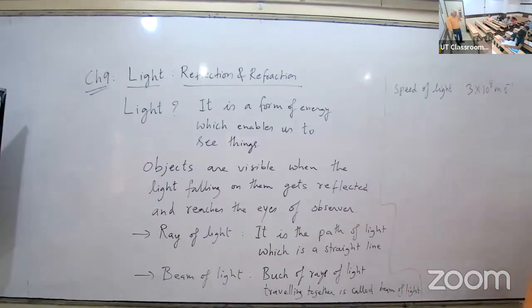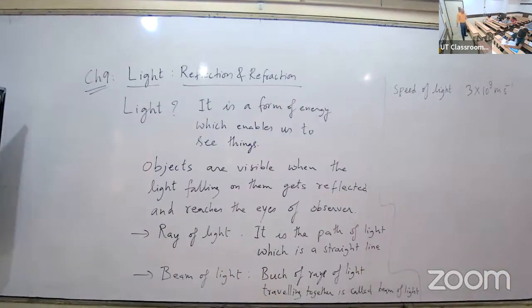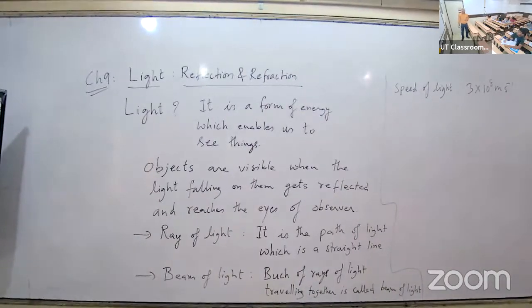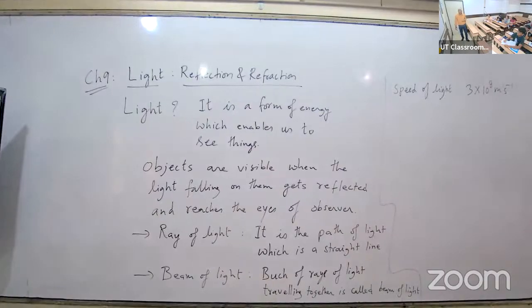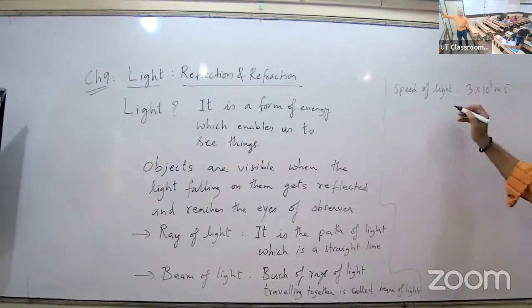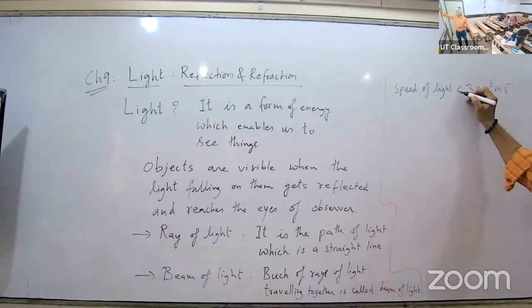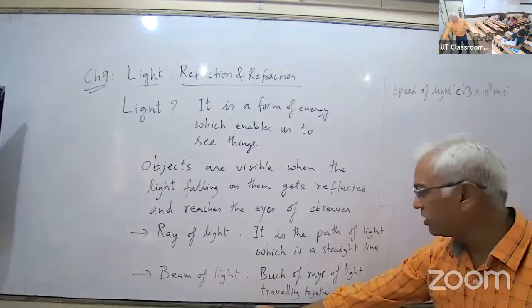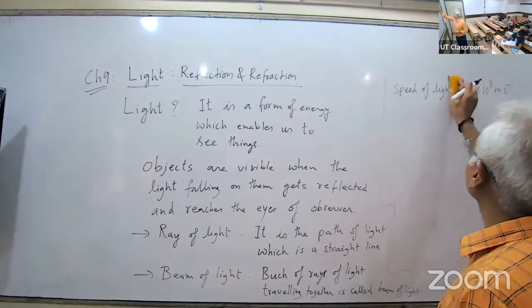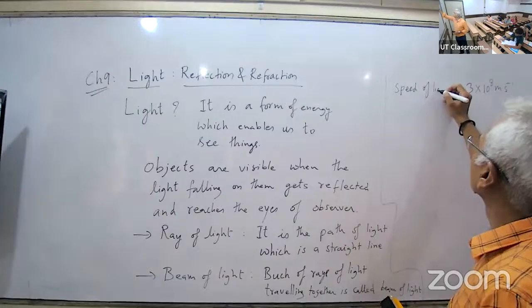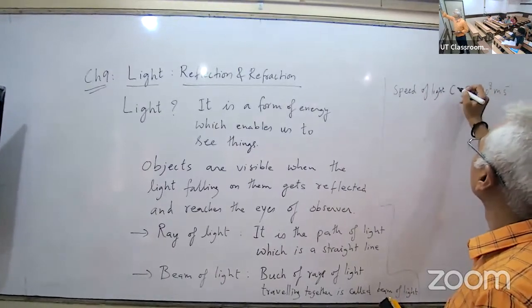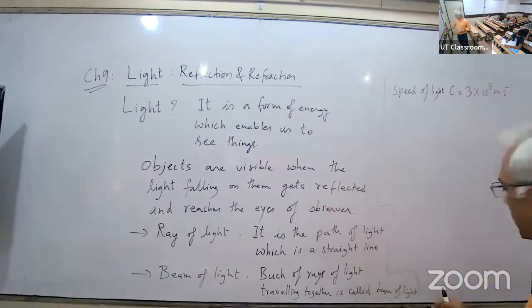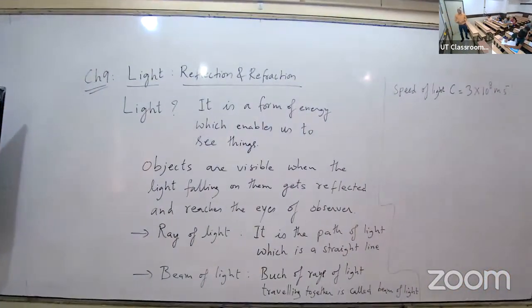That is 3 lakh kilometers per second. The symbol for the speed of light is c. It's a constant.